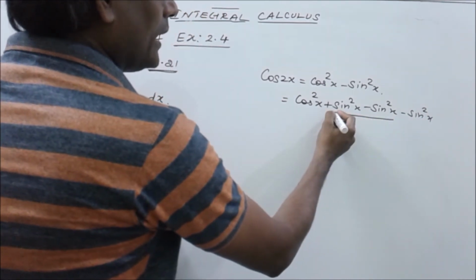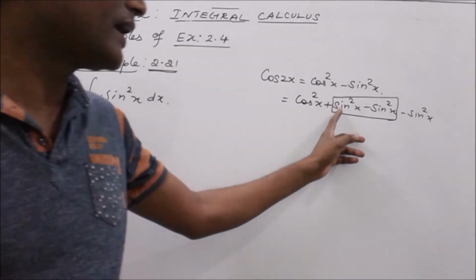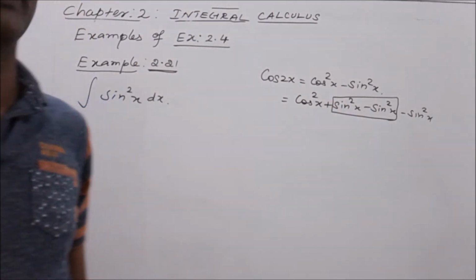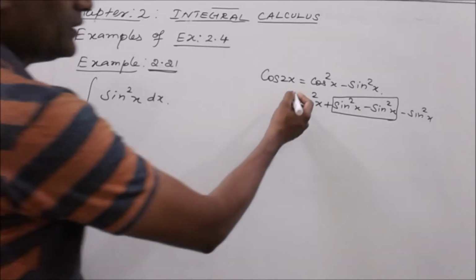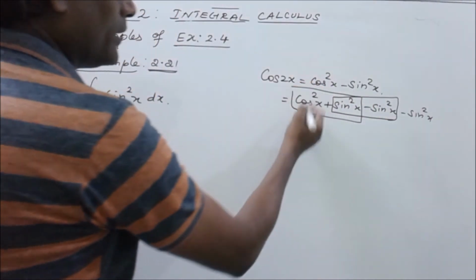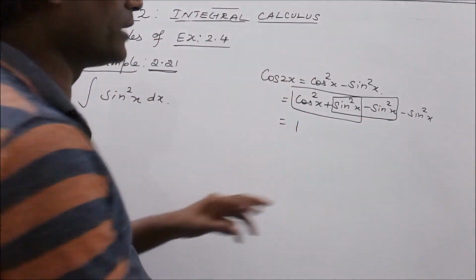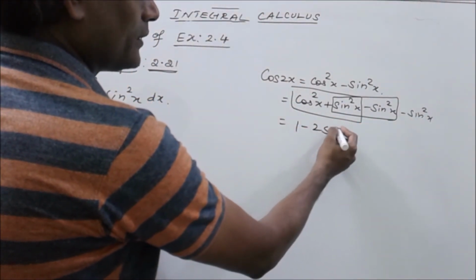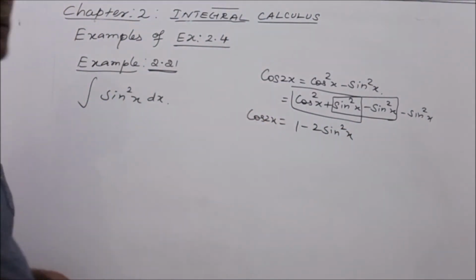Here I have added and subtracted the term sin square x. Now cos square plus sin square becomes 1, and minus sin square x minus sin square x means minus 2 sin square x. Now cos 2x is equal to 1 minus 2 sin square x.